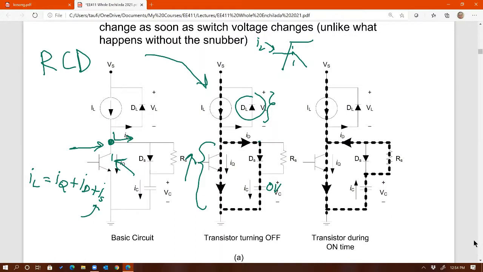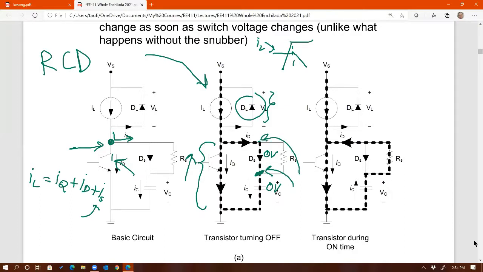Following that current, you're going to charge that capacitor based on how much current is flowing through that cap. And in the process, you are slowing down because these are in parallel. Right now, just assume this is 0 volt. When it's conducting, to make it easy, the diode is 0 volt. So as this voltage is rising, so does that voltage.